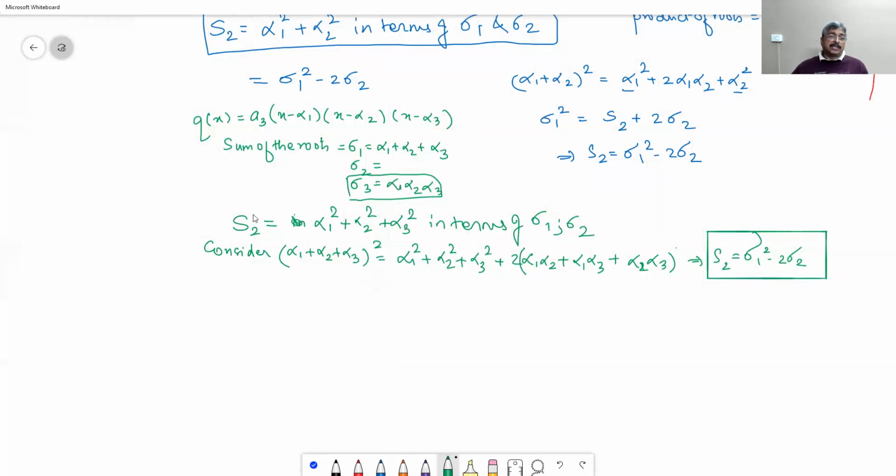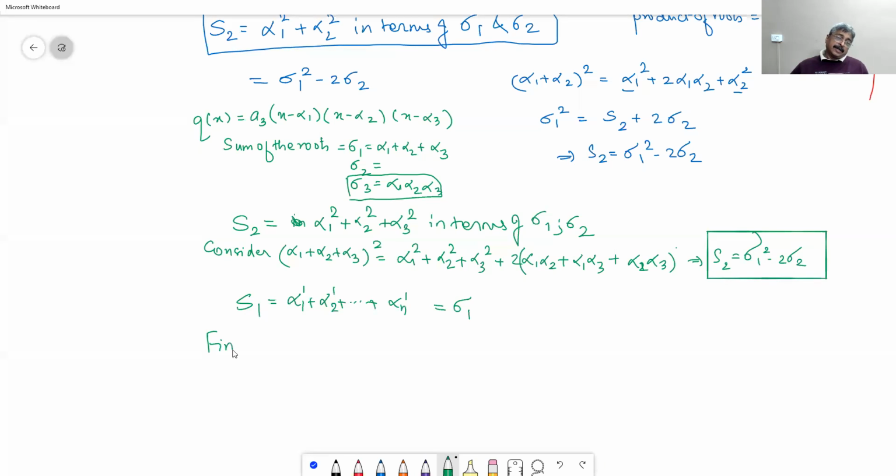Okay, so now let me consider a degree 3 polynomial and try to find out. Here I would like to say what is S1? S1 is alpha 1 plus alpha 2 plus dot dot dot plus alpha n. Sum of n roots. Sum of first powers of n roots. This is equal to sigma 1. So S1 is sigma 1. S2 is sigma 1 square minus 2 sigma 2.